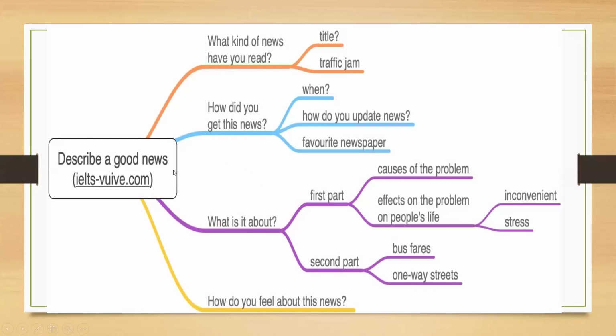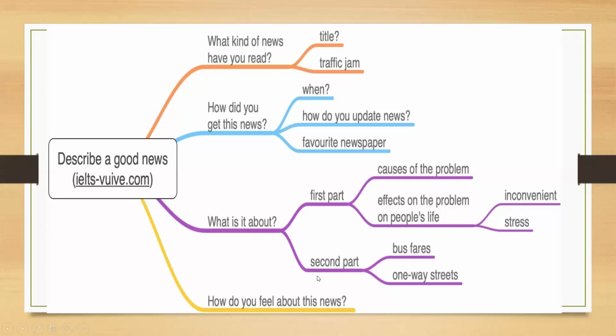Okay, so you can further break it down. Title of the news, traffic jam. Then, how did you get this news? When? How do you update news? Favorite newspaper. What is it about? The first part, you can break it down into parts.